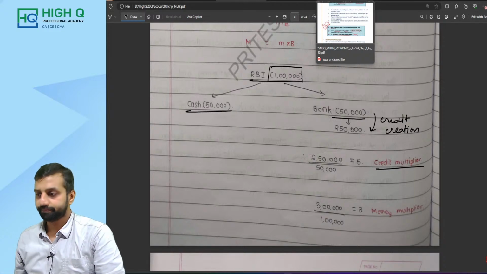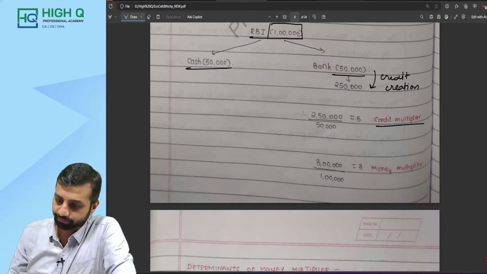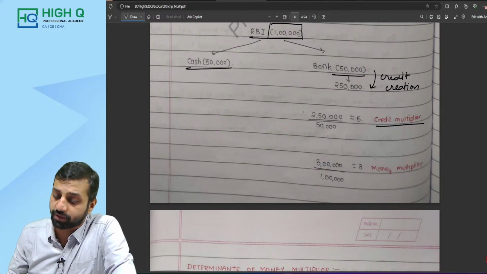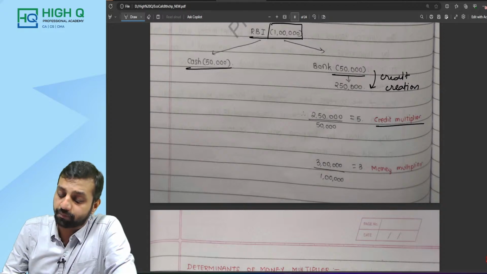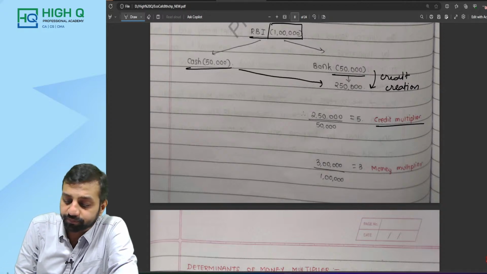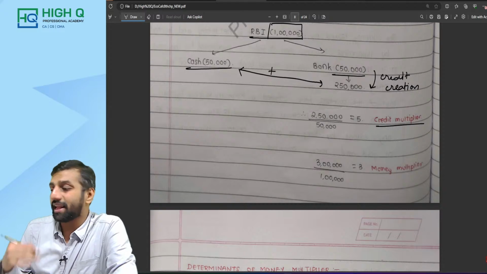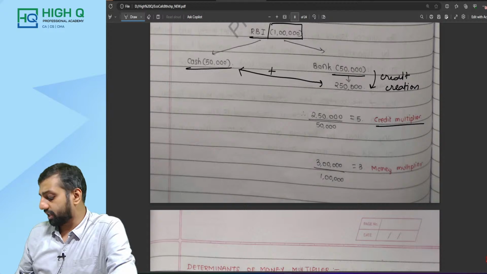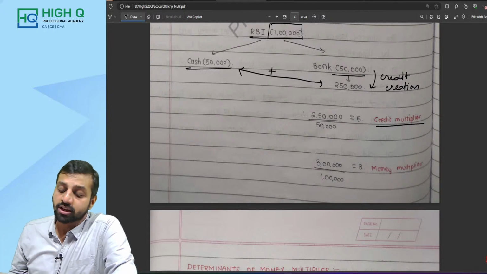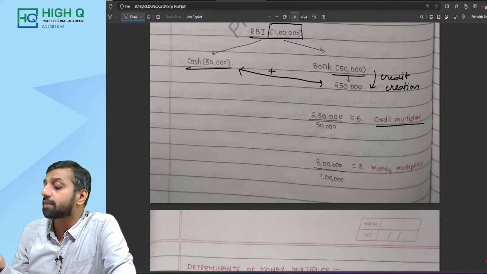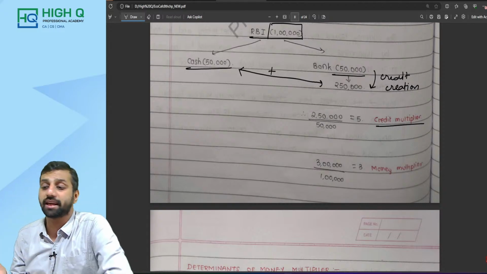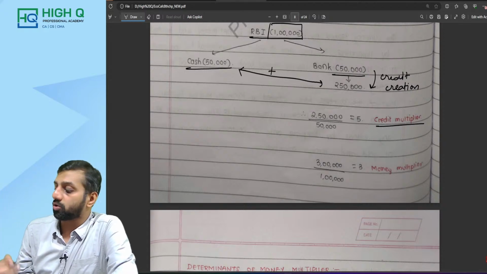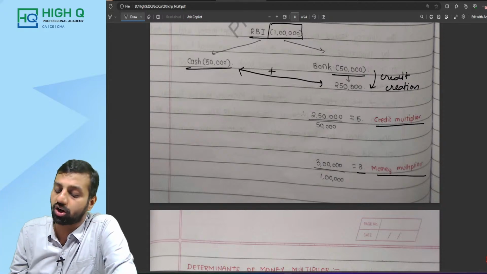Now the total money created in the economy is 50,000 plus 2,50,000, because let's assume that velocity of cash is 1. So if the velocity of cash is 1, 50,000 plus the credit created by the bank, the total money in the economy is 3 lakhs. So 3 lakh upon 1 lakh is equal to 3, which is your money multiplier.